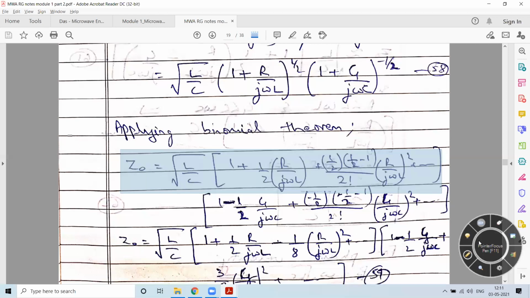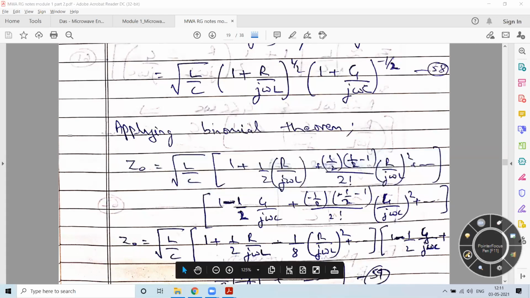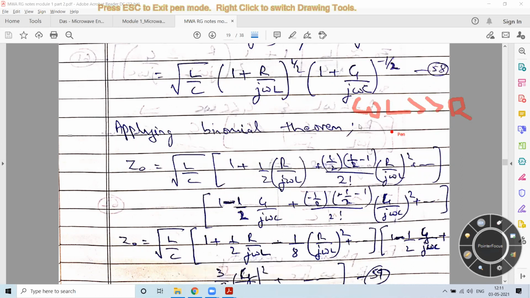What this implies is that we'll again make use of the condition that omega L is very much greater than R and omega C is very much greater than the conductance G. When we consider this, we neglect the higher powers and assume they tend towards zero.